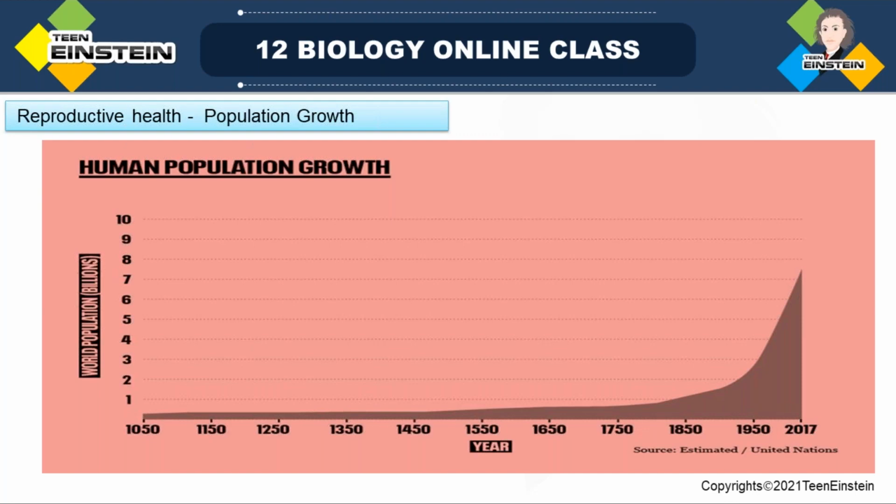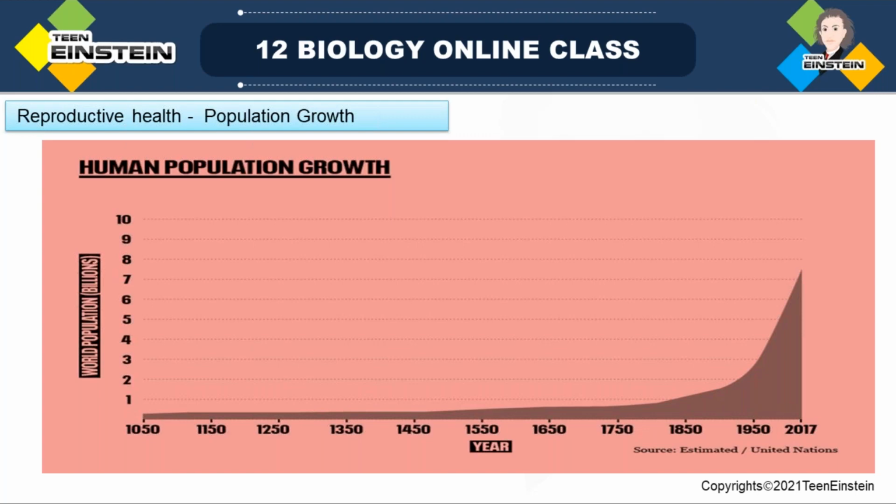Whether a population is increasing or decreasing depends upon natality. What do you mean by natality? Note down these terms for your NEET exam. Natality means birth rate.